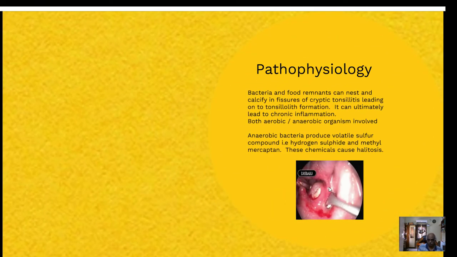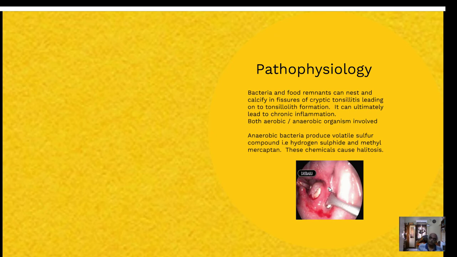Bacteria and food remnants can rest inside these tonsillar crypts, and they can cause gram-negative infection, anaerobic infection, and ultimately lead to tonsillar lith formation. A tonsillar lith is nothing but a stone-like structure seen within the tonsil. Tonsillar lith is usually seen in cryptic tonsillitis.